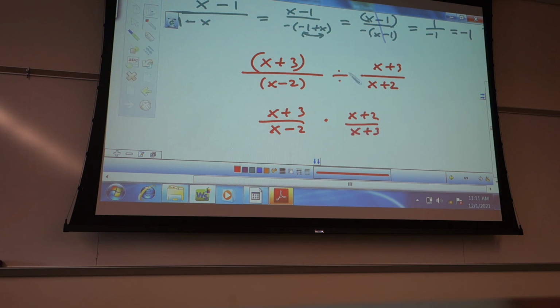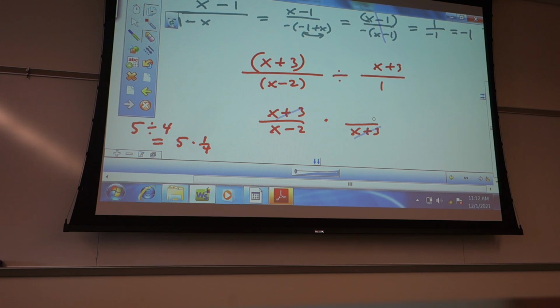Because dividing, for example, 5 divided by 4 is the same as 5 times 1/4, its reciprocal. So here I can take this and multiply by its reciprocal instead: x plus 2 on top, x plus 3 on the bottom. And then these guys cancel out. Maybe I left this as 1. I need to do this to make this work.